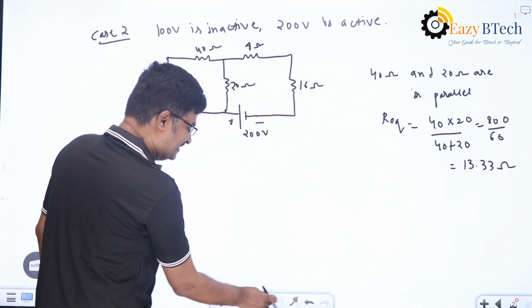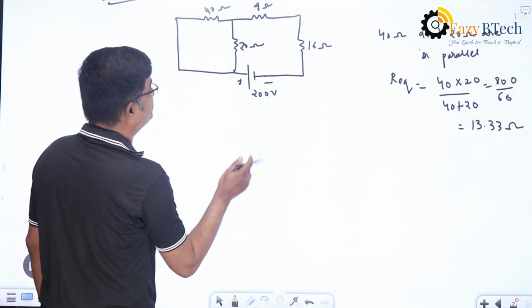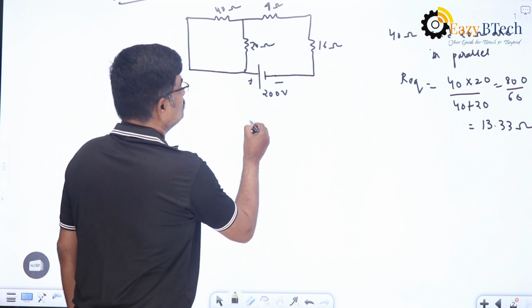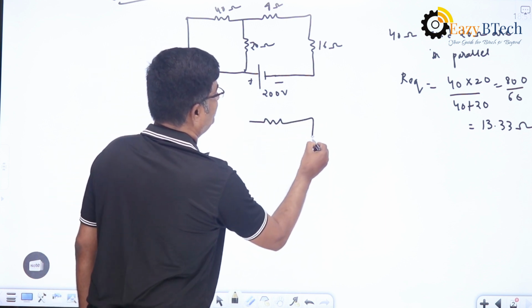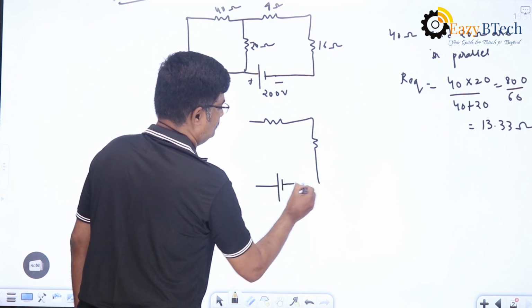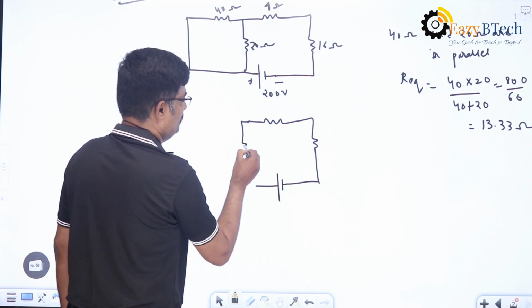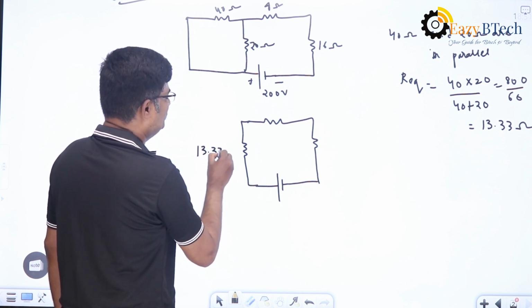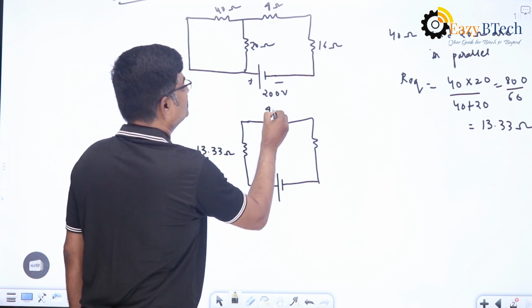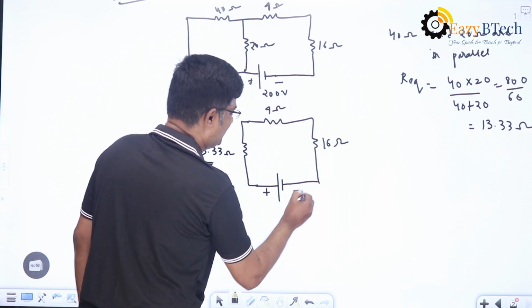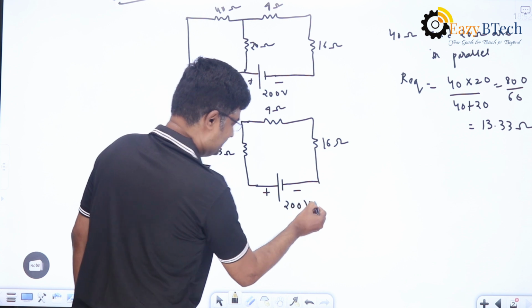Now what will happen to my circuit? My circuit will be changing to this: 13.33 ohm, 4 ohm, 16 ohm, and the 200 volt source.